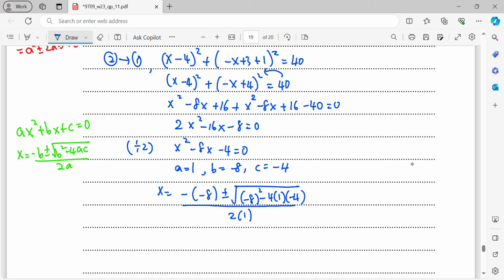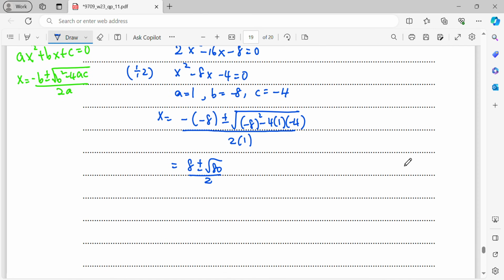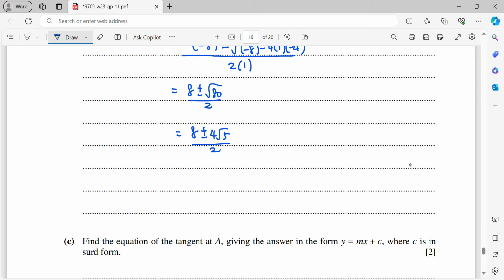A is 1. Then from here you will get 8 plus minus square root 80 over 2. Now square root 80 you can change to 4 square root 5. Then when you simplify, this is going to be 4 plus minus 2 square root 5.